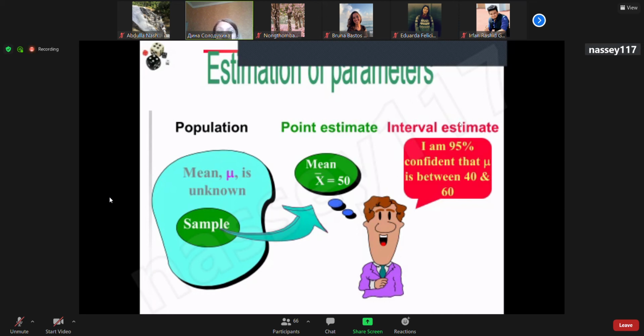If you want to have interval estimate, you will detect a certain range of values and you want to be 95% confident that the population mean lies between some given interval. In this case, it will be, let's say, between 40 and 60. That is the idea of interval estimate.